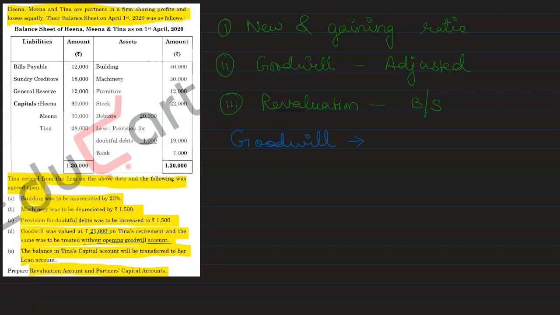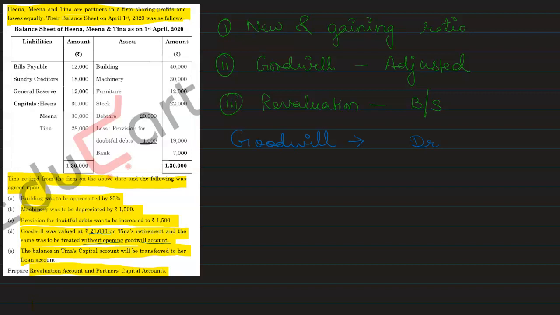If we open any account, it is either debited or credited on the basis of its nature. We know that goodwill is an asset. So if we open it, we will open it by debiting it. We will debit goodwill account and then it will be shown in the balance sheet also.